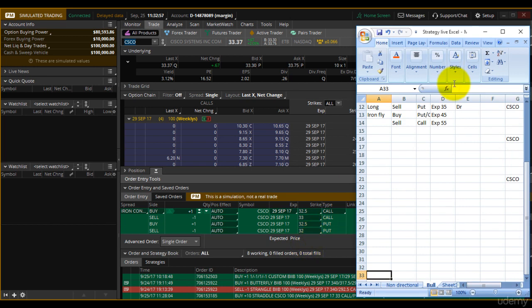So as you can see, we have put the highest number at 33. At 33, this call, we are selling it. Then the middle number is 32.50, put and call, and the lower number is 32, put.